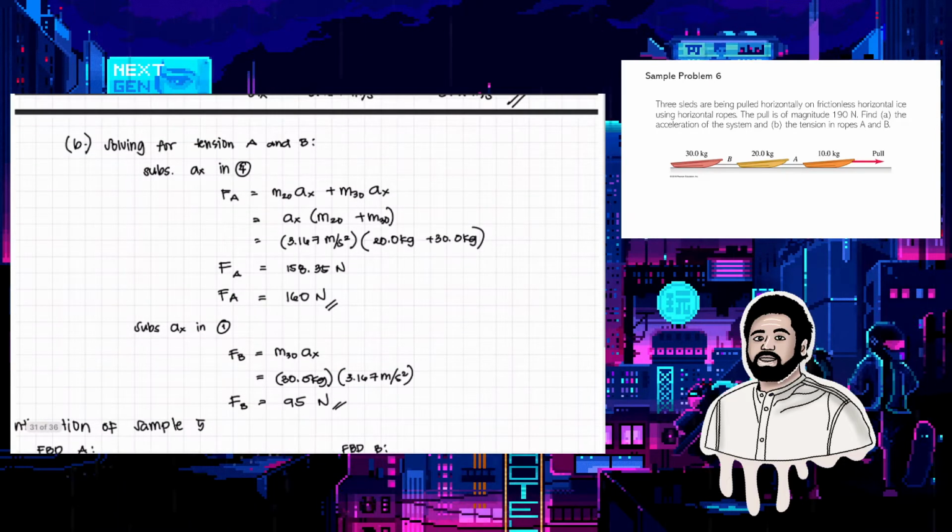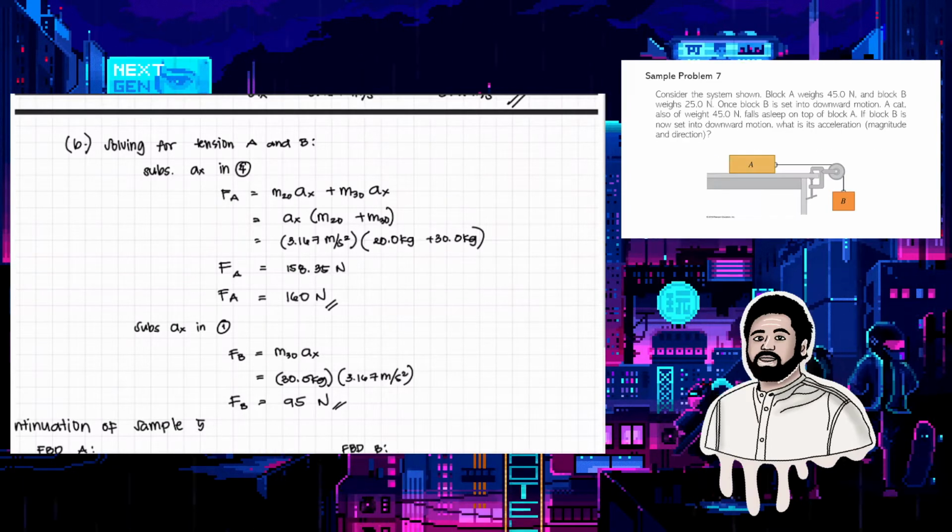FB is just coming from equation number 1. FB is equal to M30 times AX, so that is 95 newtons. So that is for sample problem number 6. It's actually kind of easy solving this sample problem. Now, let's have the next problem.